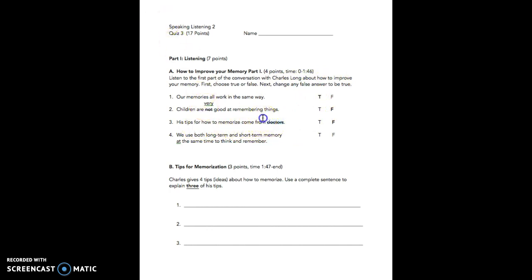These tips come from children. So I will write children. So if you put F, but you didn't change the word to make it true, then you got half a point. And then finally, we use both short-term and long-term memory at the same time to think and remember. Let's listen a little bit more.